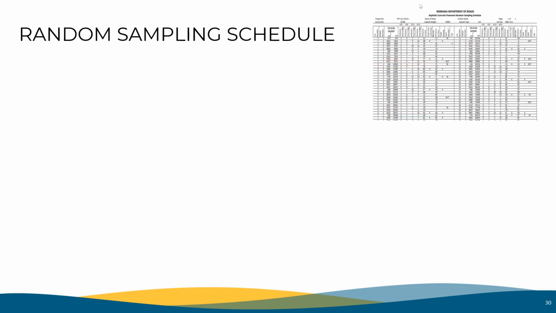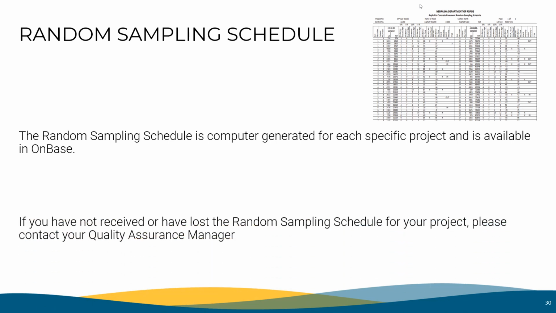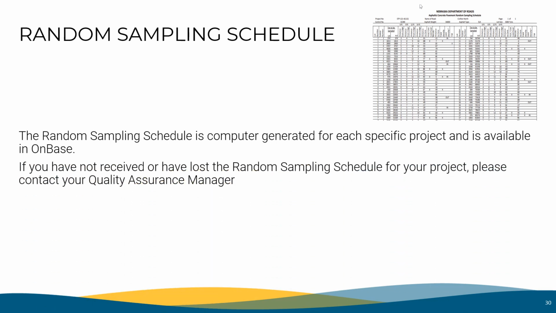So now let's take a look at the random sampling schedule that is generated for asphalt quality assurance and quality control sampling and testing. Each project has its own specific random sampling schedule. The random sampling schedule is computer generated and is available on OnBase. If you have not received or you have lost the random sampling schedule for your project, please contact your quality assurance manager.